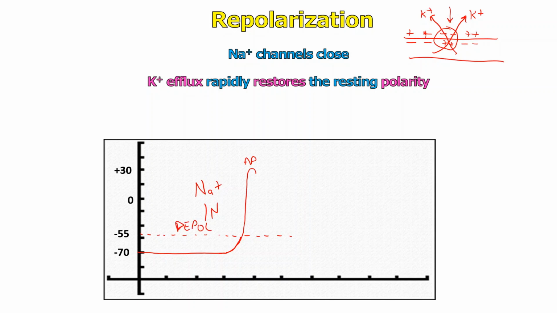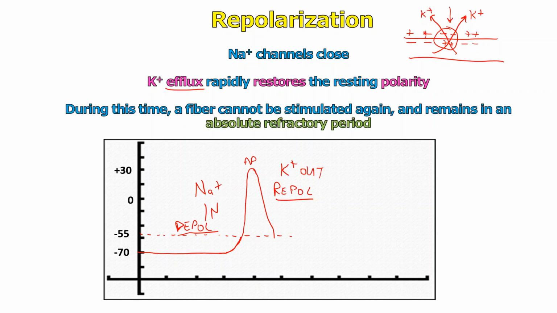Now what we want to do on the other side, as this slide is telling us, is we want to repolarize. We want to come back down. So this is the repolarizing phase. And that's going to be caused not by sodium being kicked out, but by potassium being kicked out. And the word for kicked out is efflux versus influx coming in. And that's simply what's happening here with this downward stroke on this graph.